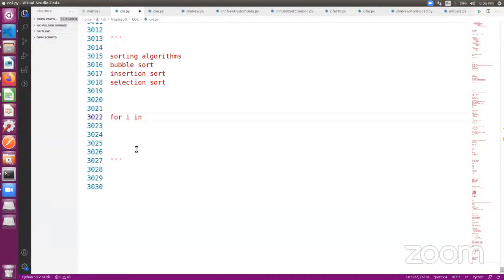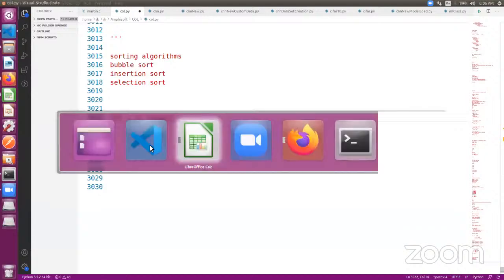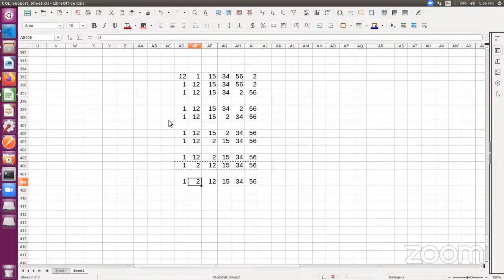If the number of elements is n, what should be the range of the first for loop? So it should see how many times these iterations are happening. 5 times, right? If there are 6 elements, 5 times it is happening.